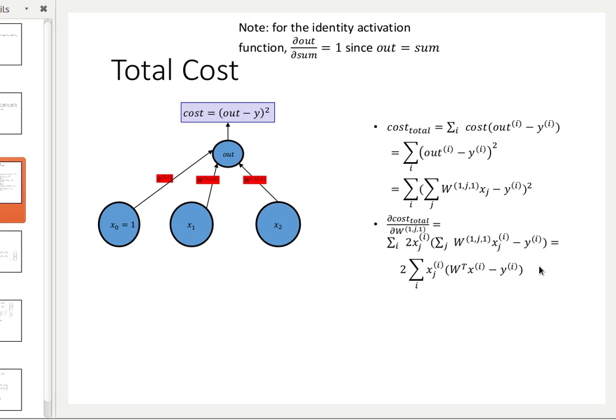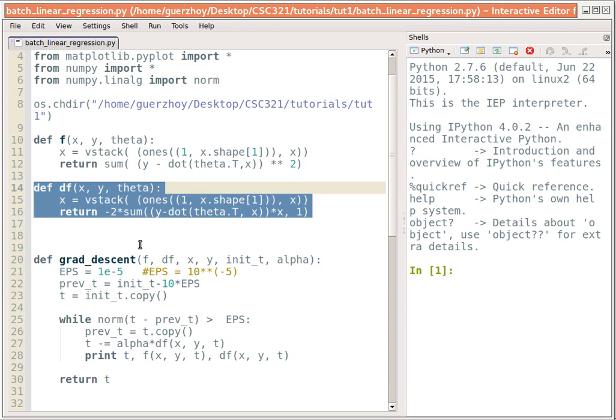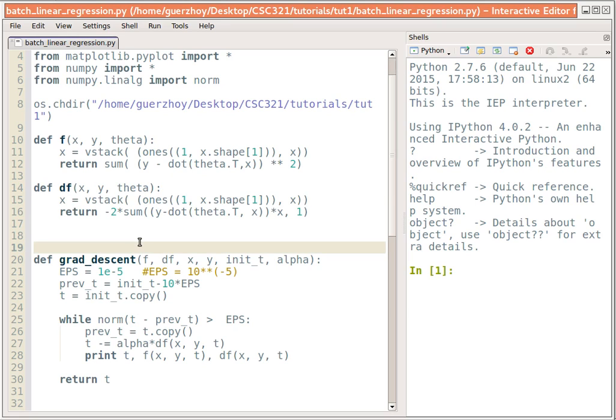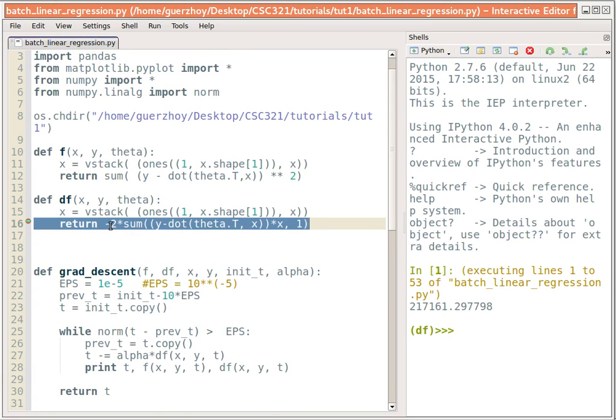Let's try to actually do that. So here I have the code from tutorial 1, and here is the computation of the gradient of f. So here I call it df. Now, what I'll do here in order to make things convenient is I'll just put a breakpoint here, and I'll run everything until I get to the breakpoint. Now, as you hopefully remember from tutorial, this is one of the ways to compute the gradient.